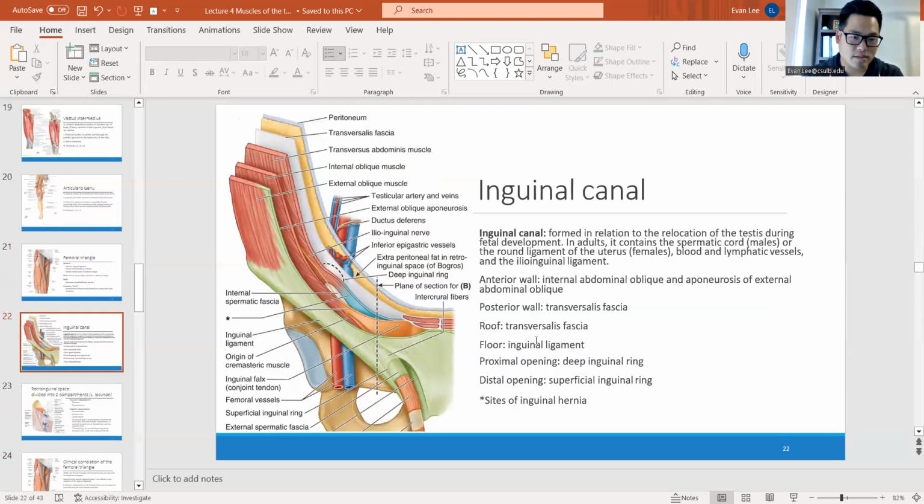Now, another thing that we'll see here that's relative to the inguinal ligament is the inguinal canal. The inguinal canal is a space that travels through the inguinal ligament here, which, depending on whether you have testes or not, will have a spermatic cord that goes through it.